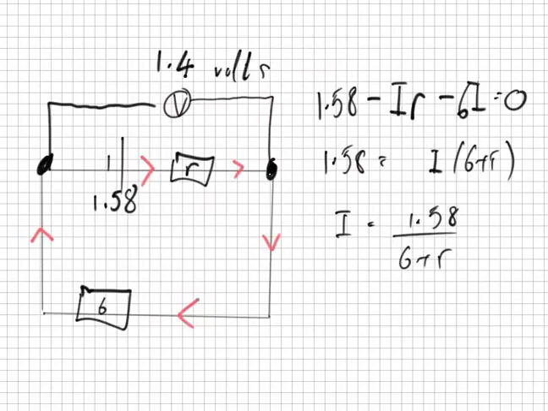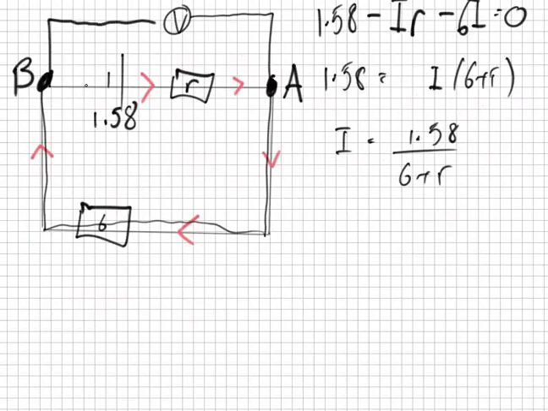It's 1.4. You see, because the voltmeter says it's 1.4 from here to here. Yes? Are you getting confused? Please focus here. Let's use the loop rule.